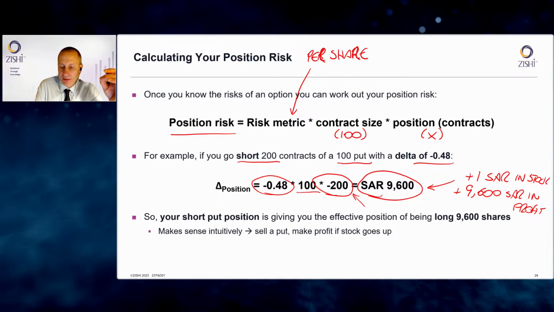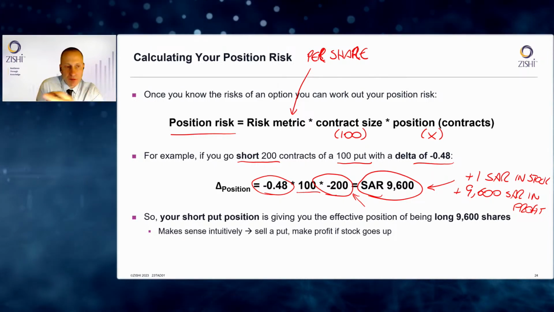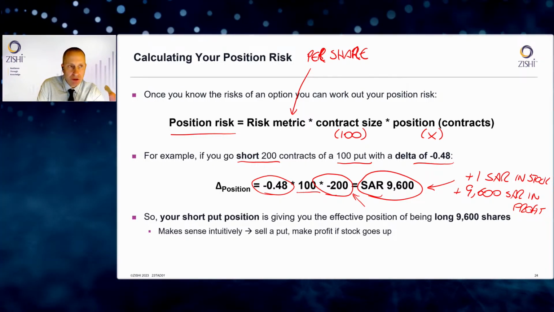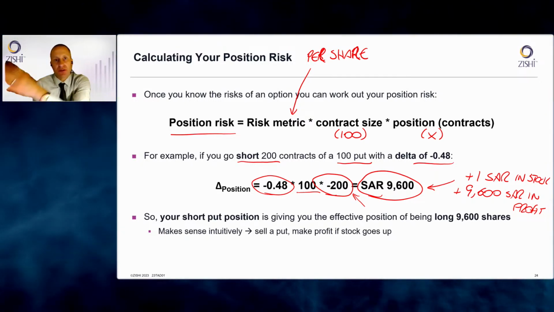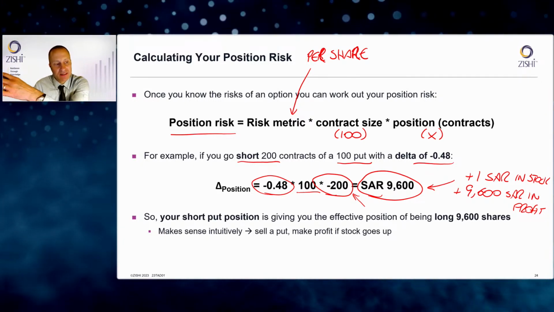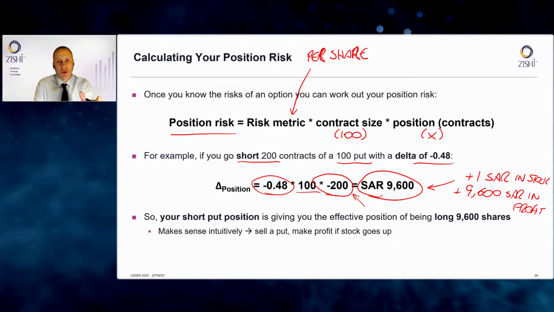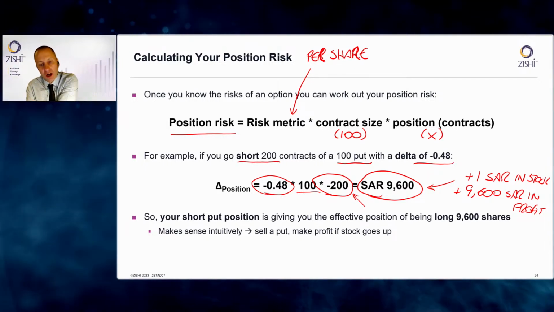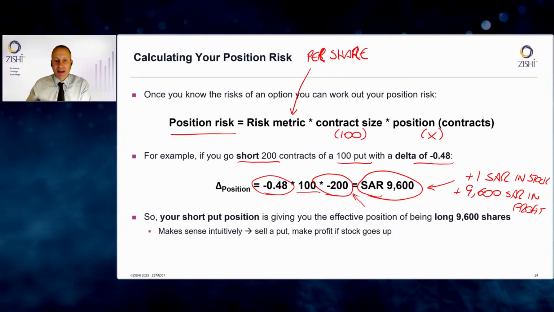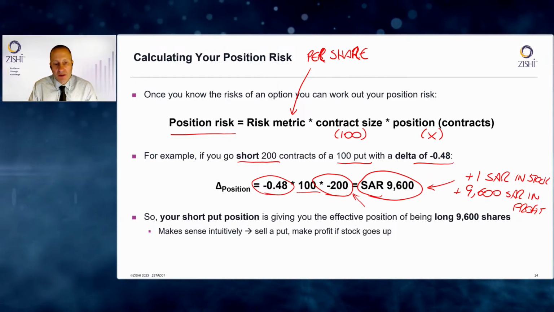And hopefully that is intuitively correct. We've sold a put option here in 200 contracts. When I sell a put option, I want it to finish out of the money. That's my best result. So its price will move in my favor if the stock moves up, and therefore it becomes less and less likely to pay off.